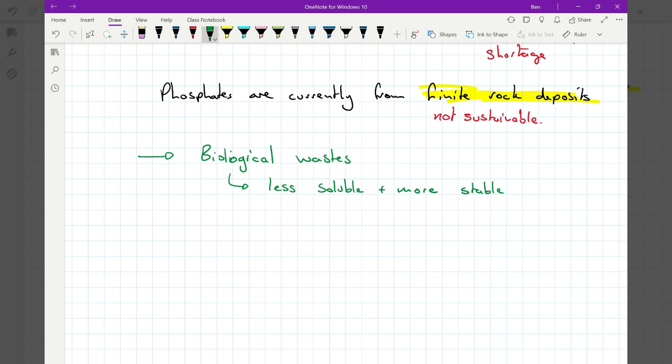They're not quite as soluble. They're sort of bound up with the biological dead organic matter. So things like manure or slurry or sewage sludge, ideally composted or anaerobically digested.